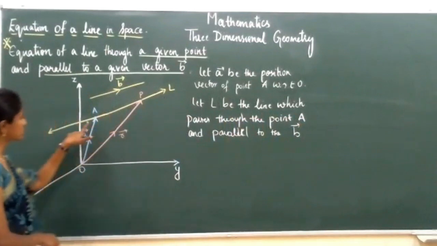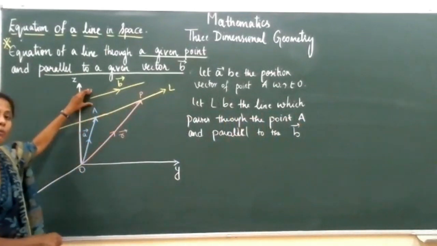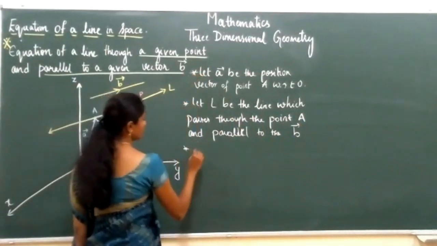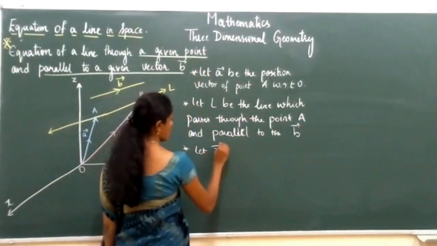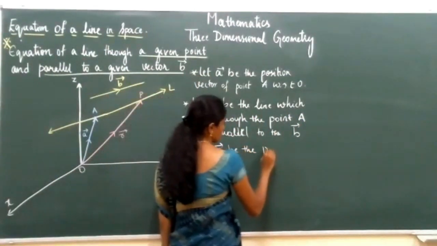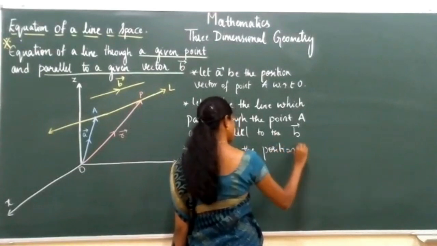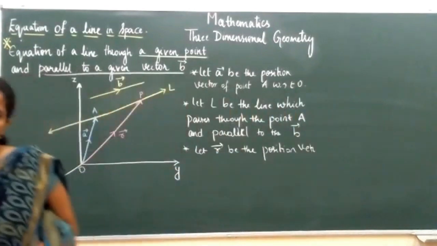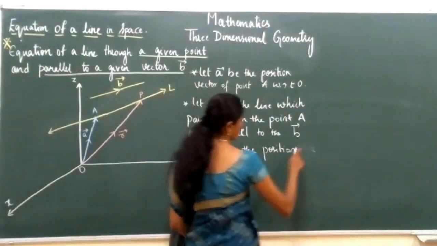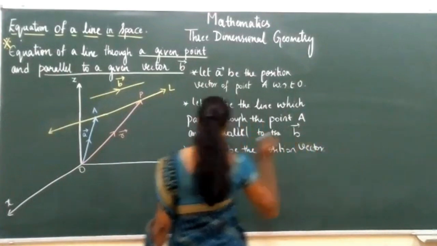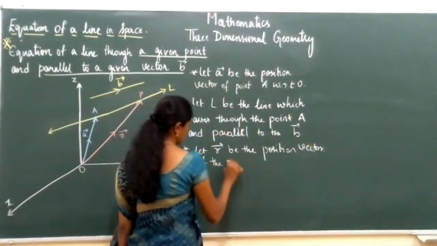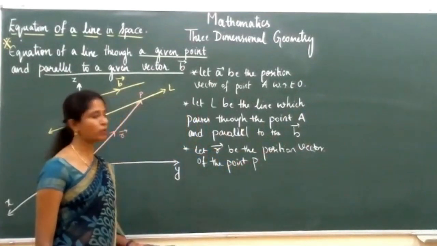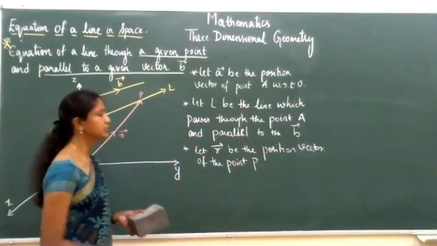And let r be the position vector of the point P. These are the given data.